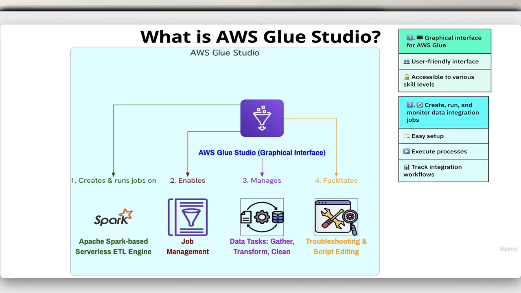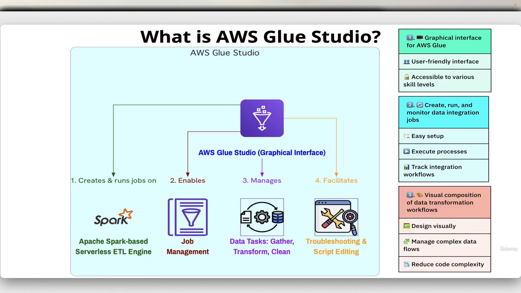With AWS Glue Studio, users can easily set up, execute, and keep track of their data integration processes, streamlining the entire workflow from start to finish. The platform allows users to design their data transformation processes visually, making it easier to understand and manage complex data flows without diving deep into code.